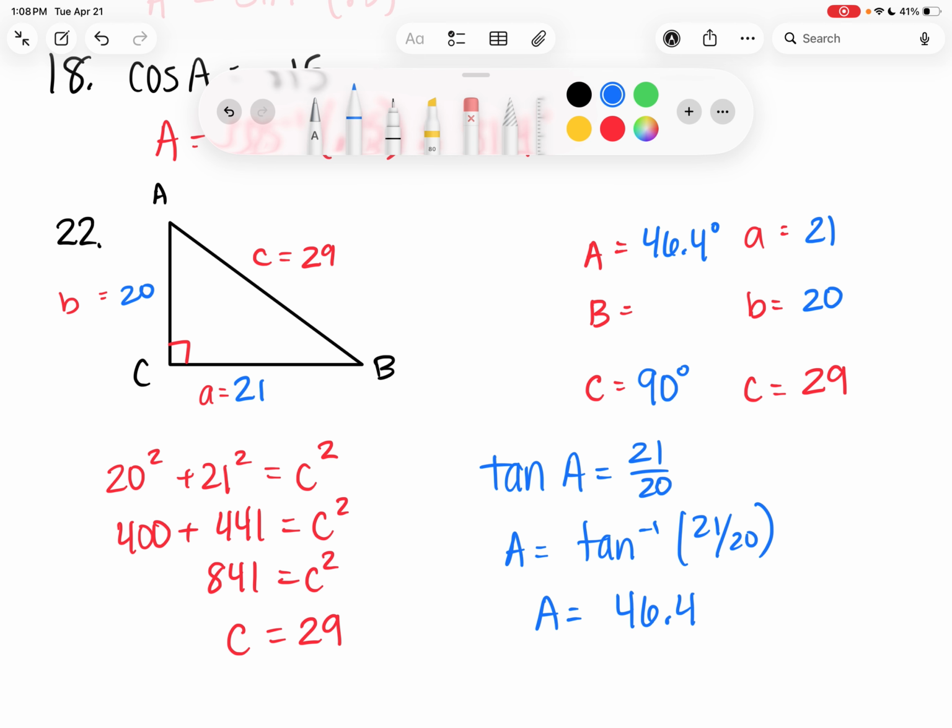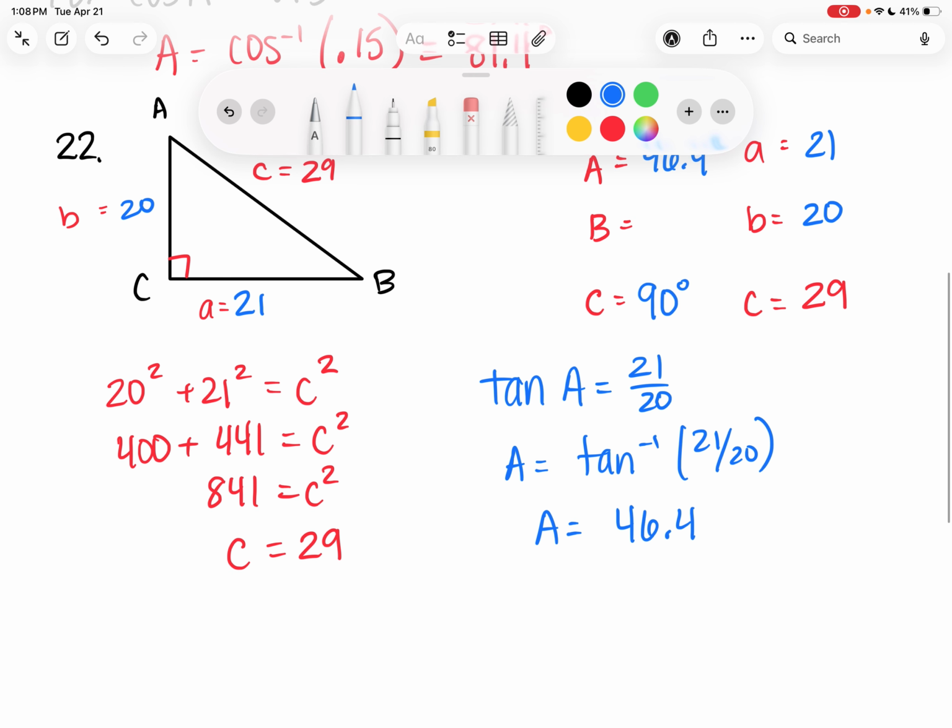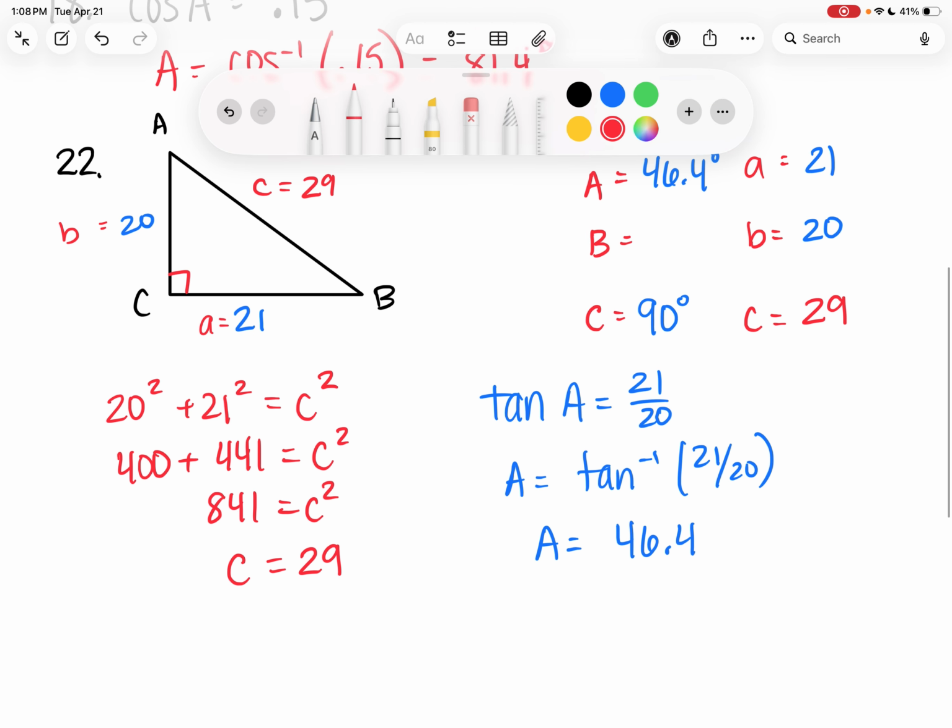I don't care. We should use sine. Okay, sure. We'll use sine. I know that side's right, so we'll just do it for practice. For the record, if I didn't know the answer for sure, I'm looking at the answer in the book. If I didn't know, I would choose something different. So, all right, sine of what? Sine B is equal to 20 over 29.